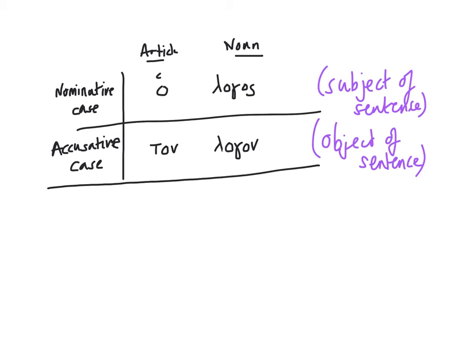For example, in English, we use the word "I" for the subject of the sentence. For example, "I see my friend." But we should use the word "me" for the object of the sentence. "My friend sees me." We wouldn't say "my friend sees I."